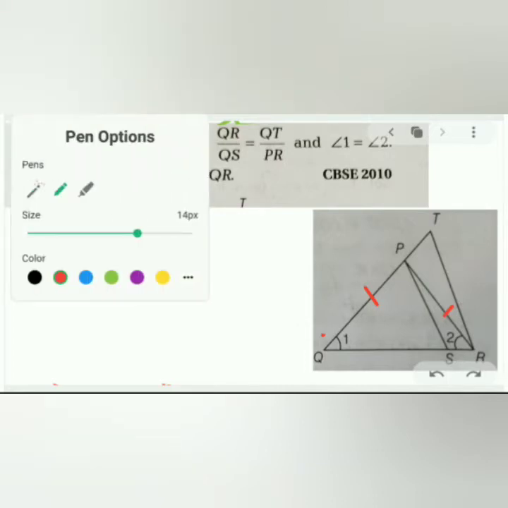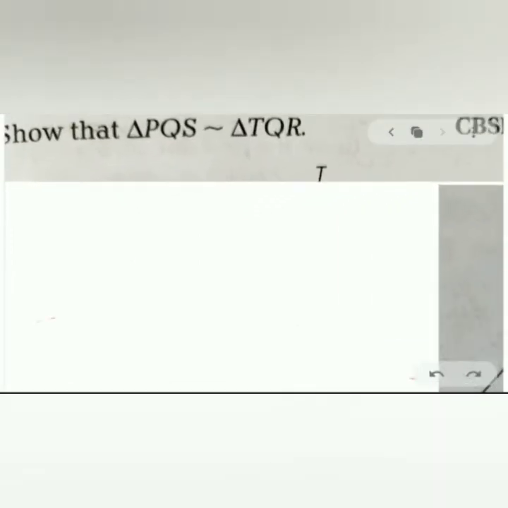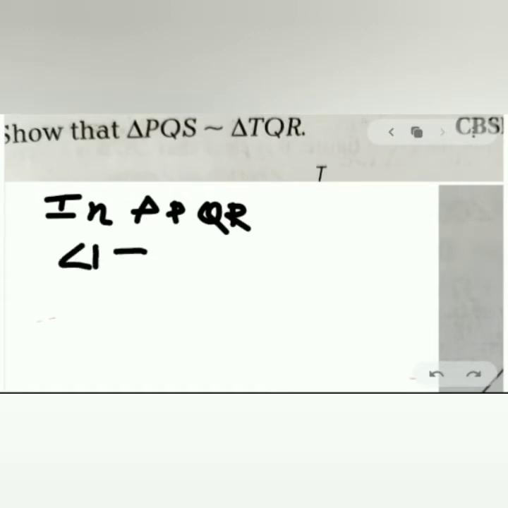So here I am beginning the process. Here we can write: in triangle PQR, angle 1 is equal to angle 2, which is given to us. That's why side PR will be equal to PQ.